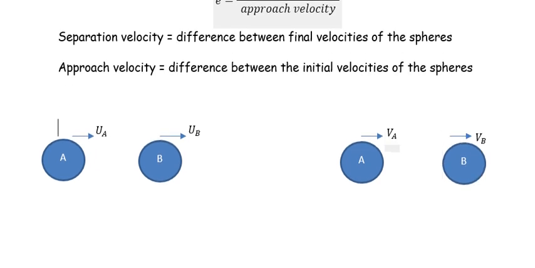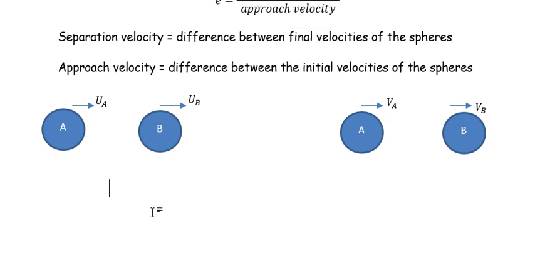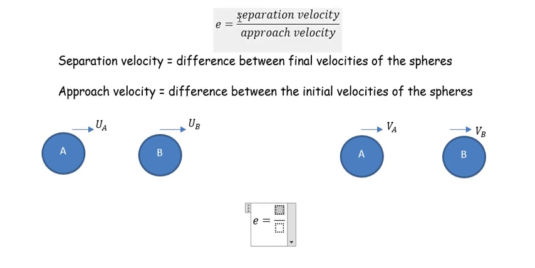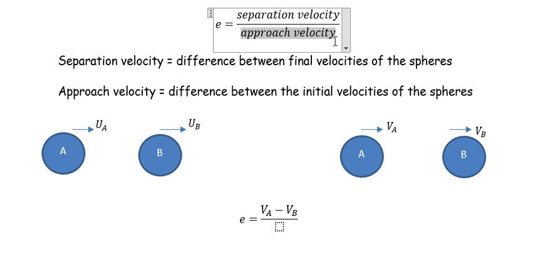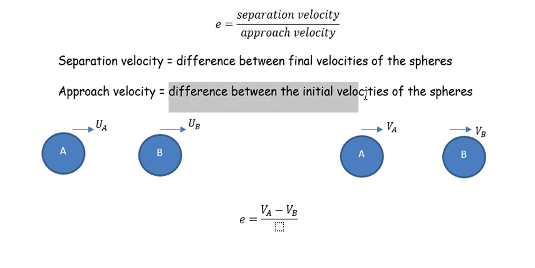All right, so if we want to state the Newton's law of restitution using this scenario, E will just be equal to, now follow very well, like we said, it is the separation velocity. That is, we have to take the difference between the final velocities of the spheres. So if I decide to take VA minus VB, in the denominator I will exchange the positions of A and B. So in the denominator it is the approach velocity, and the approach velocity is the difference between their initial velocities.